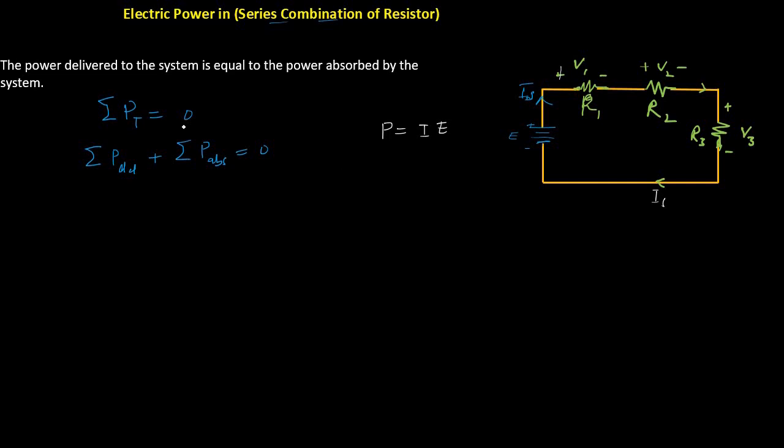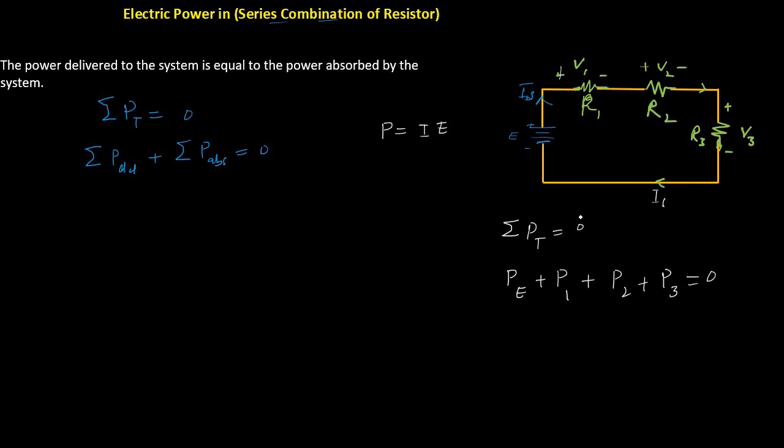Now we already discussed that the total power for any system is equal to 0. So in this case, let's say the power of this DC voltage source is PE, plus the power of the first component, let's say P1, plus the power of the second component, P2, plus the power of the third component, P3, which is equal to 0.